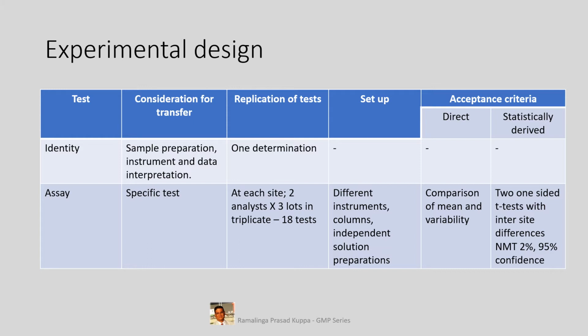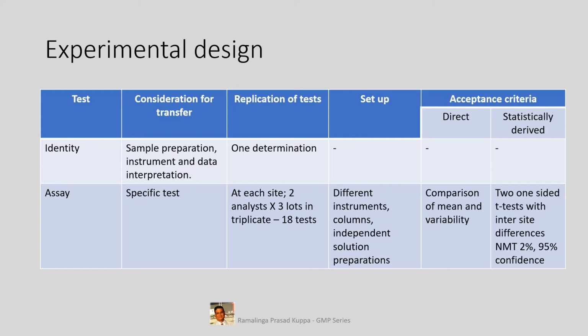Assay test has to be specific to the product estimation. 18 test results are required for replicate data for transfer. Using different instrument, different brand columns, separate sample preparations should be considered. Direct acceptance criteria may be adequate with the mean value of the results and variability.